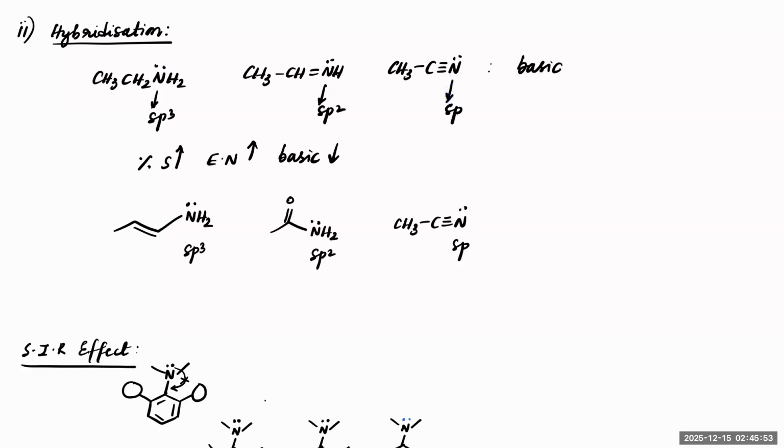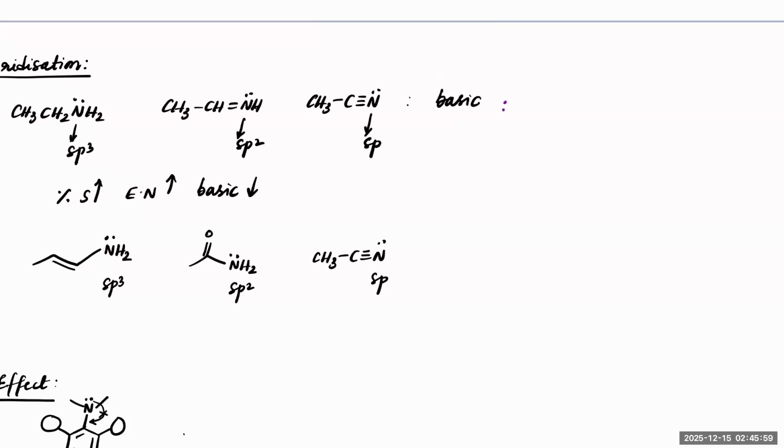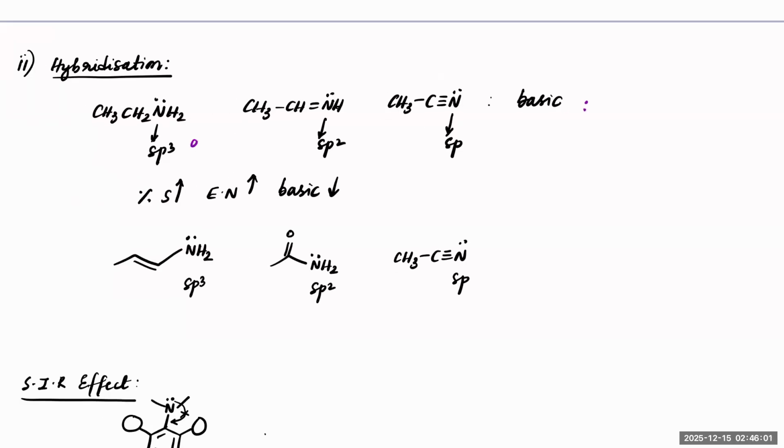While here, this is completely localized and sp3 hybridized, so that makes it more basic. So if you compare this as A, then B, then C, we will get this as A, which is highest, and then B, then C.